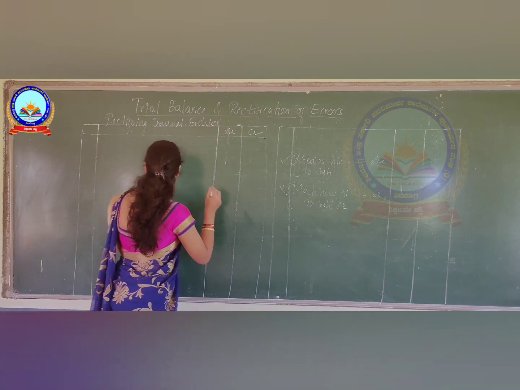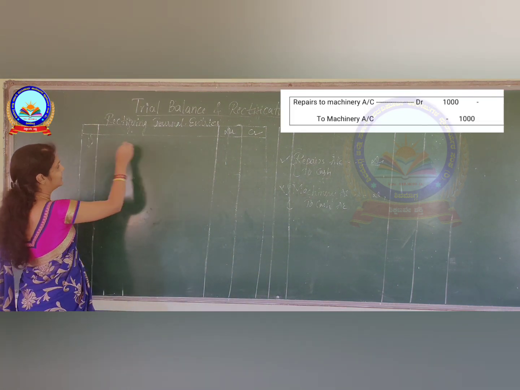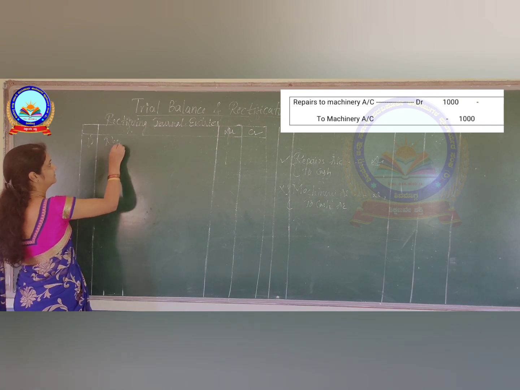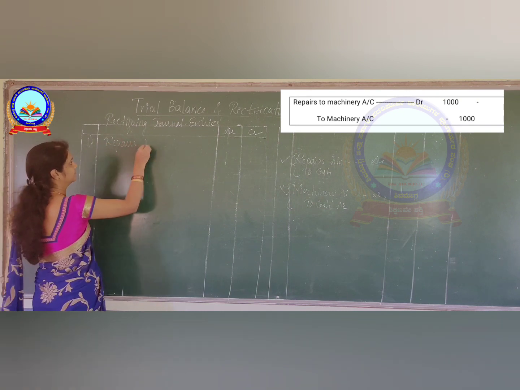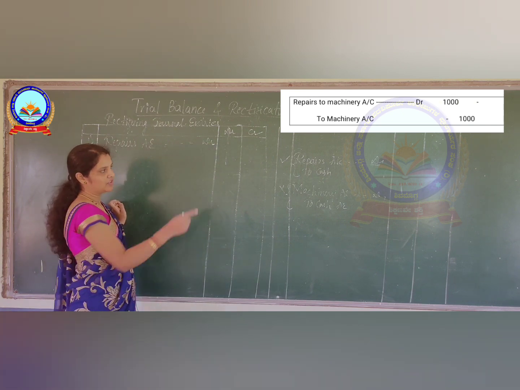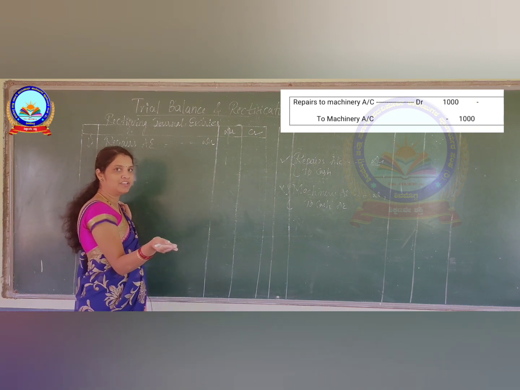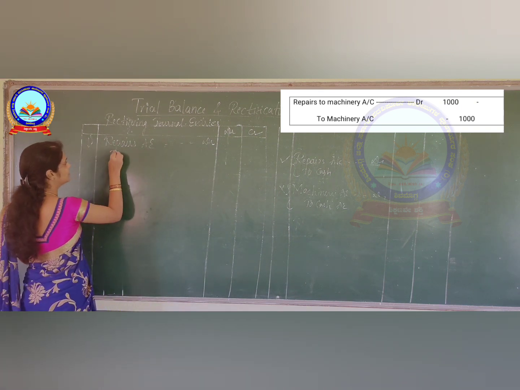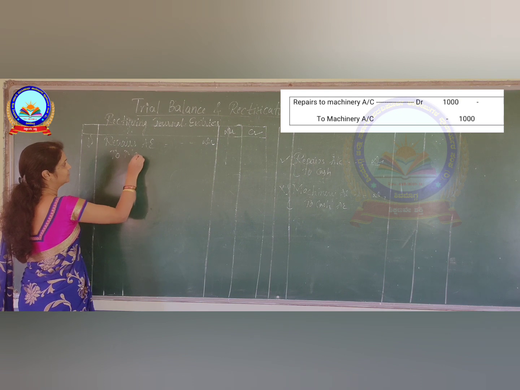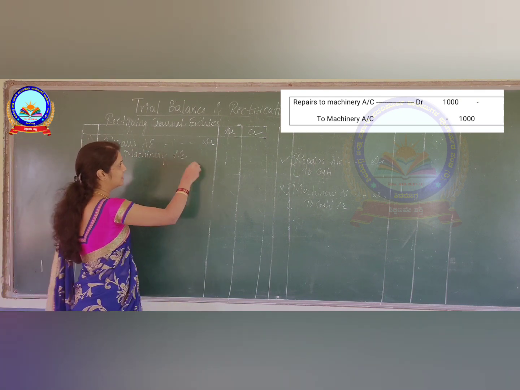Here I am writing the first rectifying entry, repairs account debtor, the correct entry. Now take the wrong entry, machinery account, reverse it, it is to be credited, credit the machinery account. What is the amount?